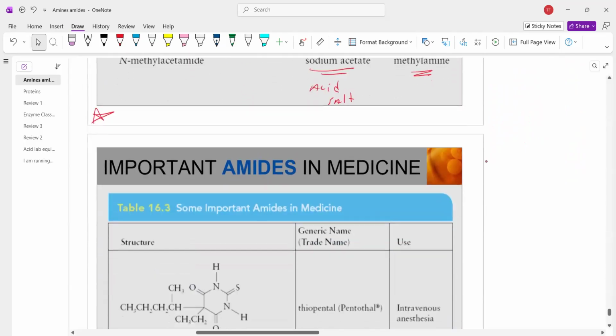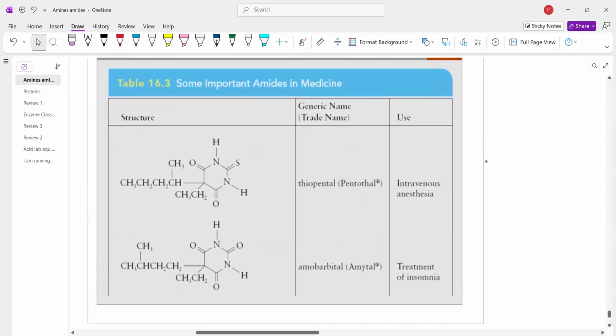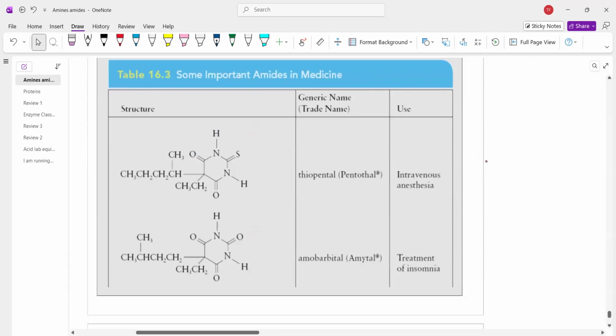And again, you can see these nitrogen compounds used extensively in biochemistry and biological compounds.